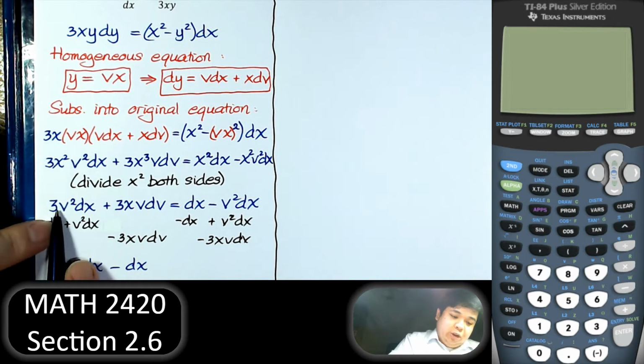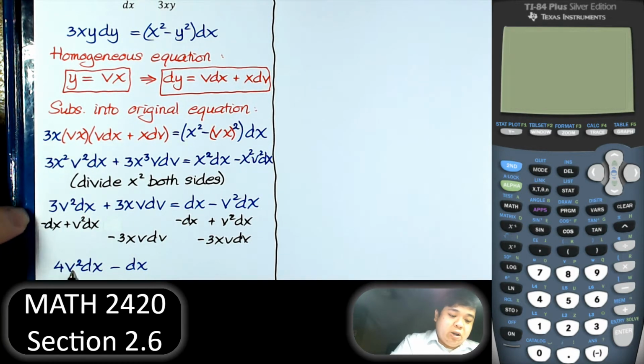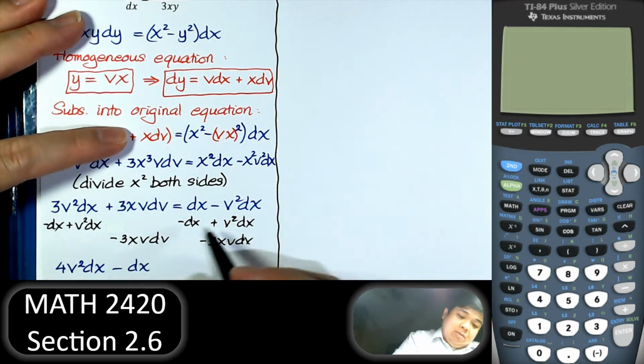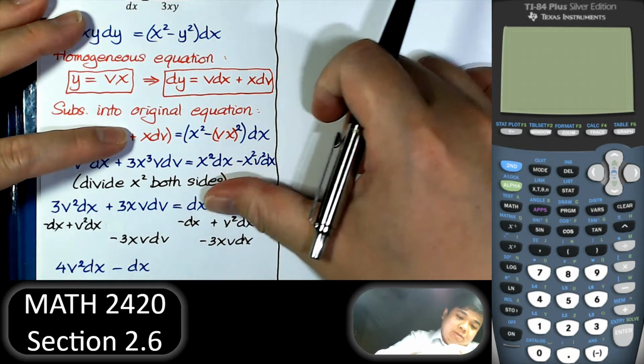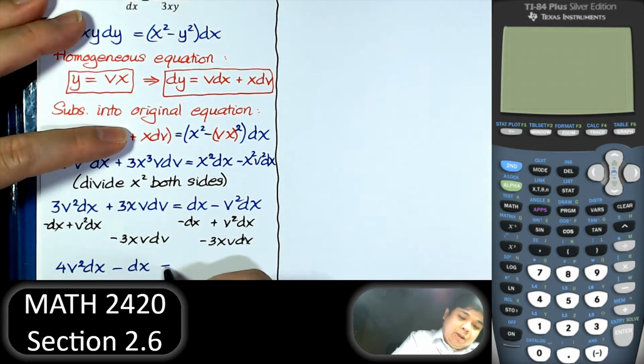This side cancels out, and then we have the negative 3x v dv.